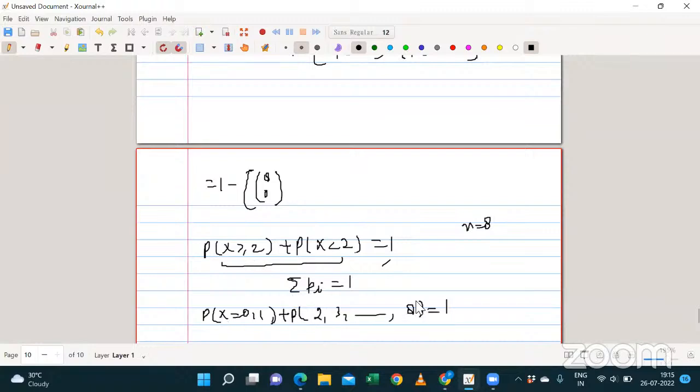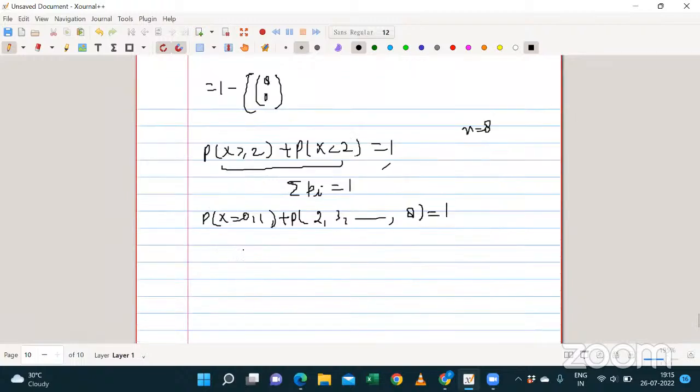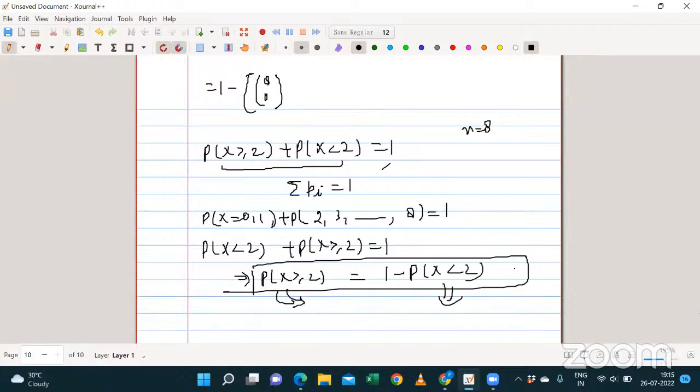So this should be equal to 1. That means probability of x greater than or equal to 2 is the same as 1 minus probability of x less than 2. So either you calculate by this one or by this one, you will get both answers the same. We normally do it by this because here our calculation will be easy.